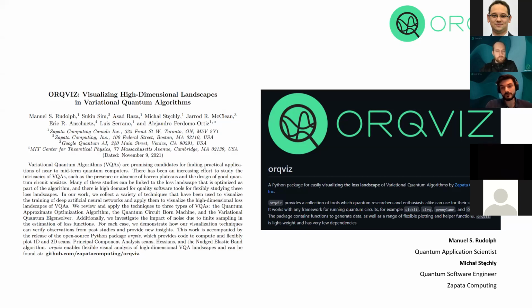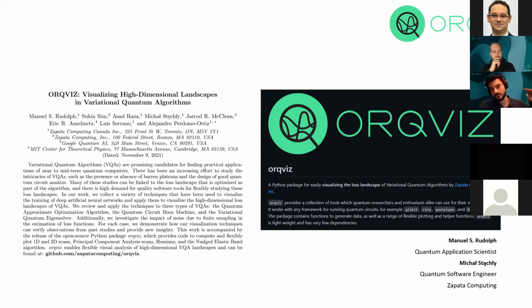Now, what's the paper? The paper is a collection of the visualization techniques that you have available for ORQVIZ. We demonstrate them, we explain them on different levels of technicality, and we always show the actual visualization that you produce with the corresponding techniques from ORQVIZ.